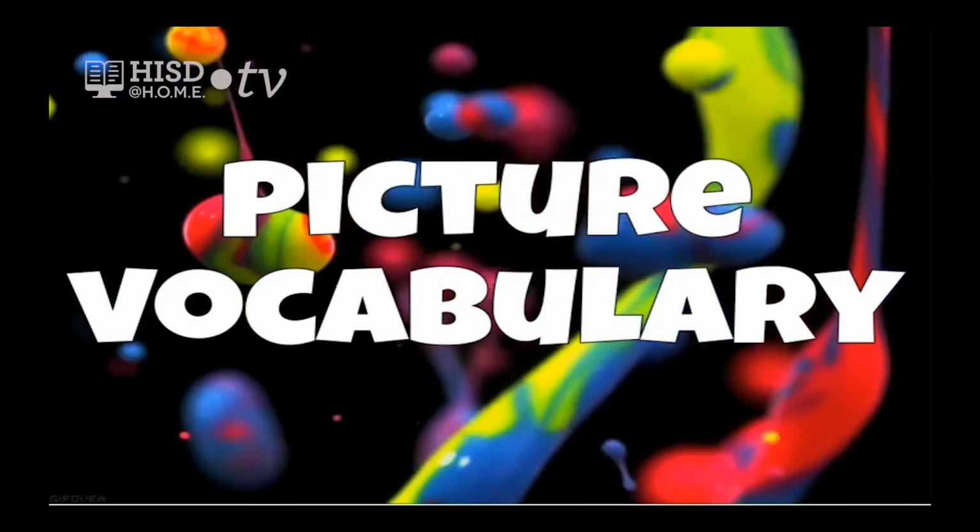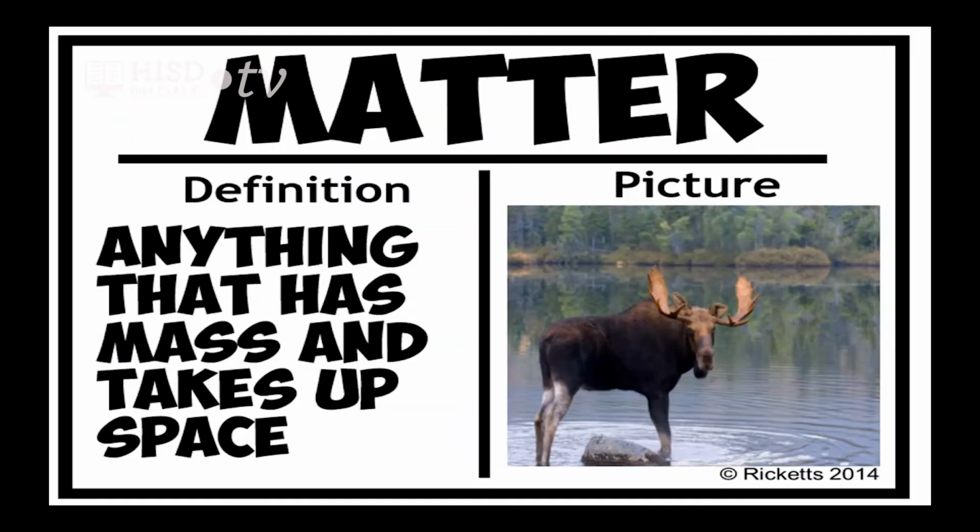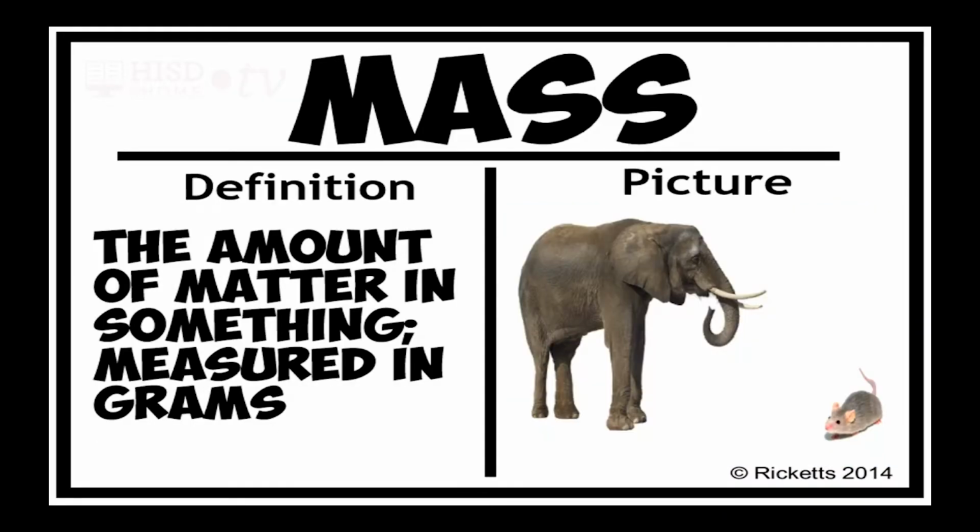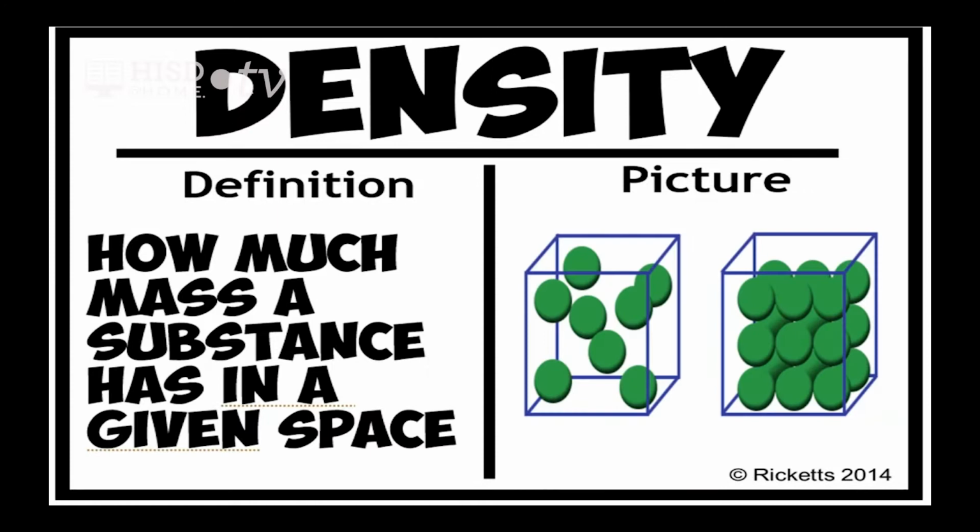Picture of vocabulary. Matter: anything that has mass and takes up space. Mass: the amount of matter in something, measured in grams. Density: how much mass a substance has in a given space.